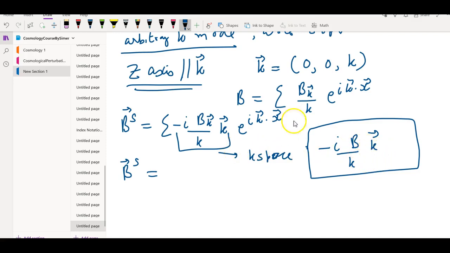Now you may also say that this is equal to unit vector k.